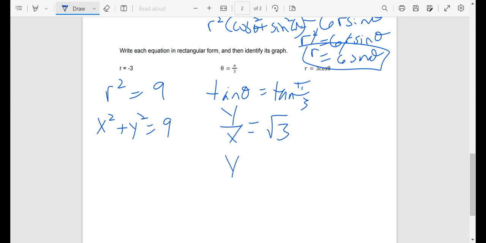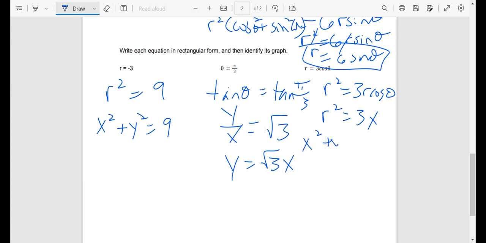Multiply both sides by x, you get y equals root 3 x. And finally, r equals 3 cosine theta. If I multiply both sides by r, I'll get r squared equals 3r cosine theta. What's r cosine theta equal to? It's equal to x. So r squared equals 3x. And then what do you know about r squared? It's equal to x squared plus y squared equals 3x.